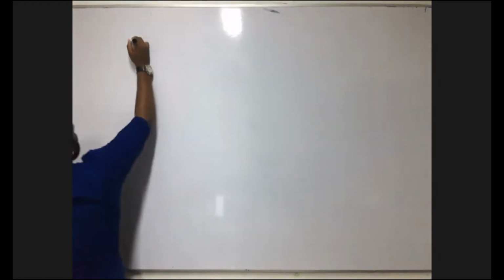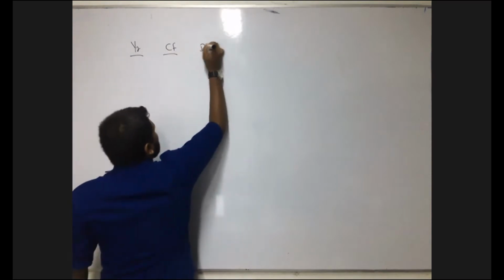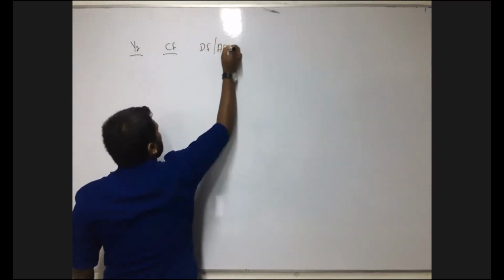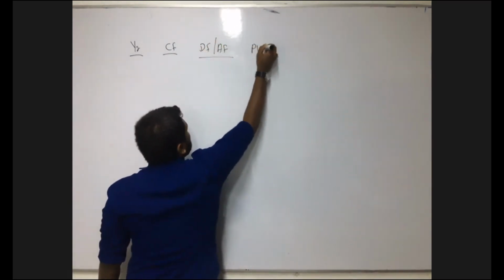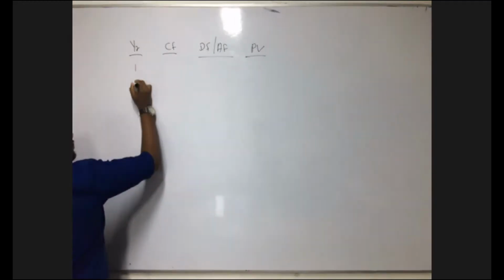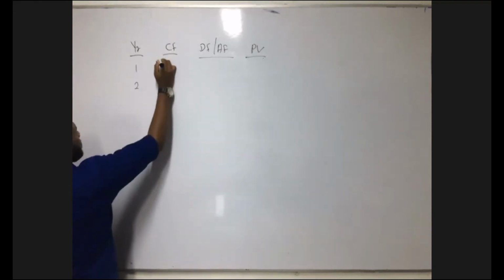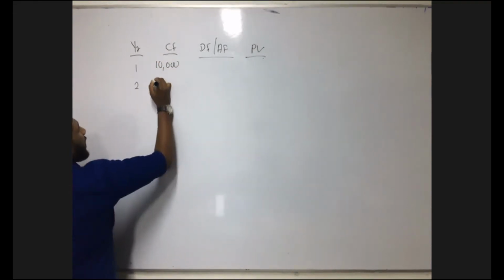Okay, let's do the calculation. Here we have cash flow, discounting factor or annuity factor, and the present value. Year 1 and 2, your cash flows are 10,000 and 20,000.